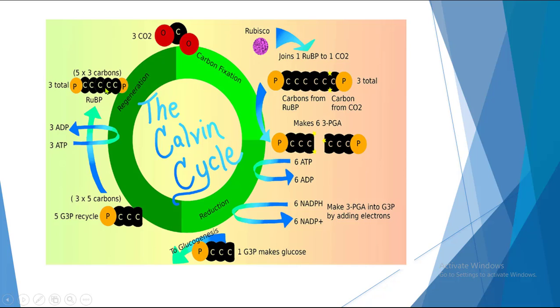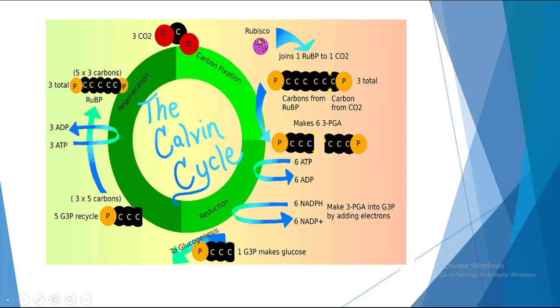1, 2, 3, 4, 5. This 5 carbon containing compound combines with 1 carbon. Carbon dioxide is a 1 carbon containing compound. So when this 5 carbon compound combines with carbon dioxide, initially it forms a 6 carbon containing compound which is highly unstable. This process happens in the presence of an enzyme, Rubisco.